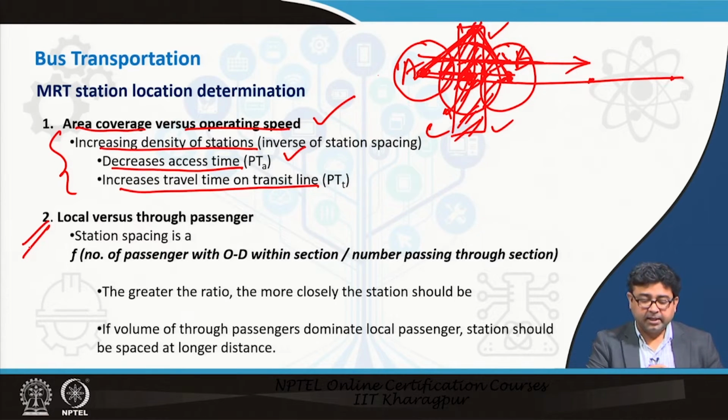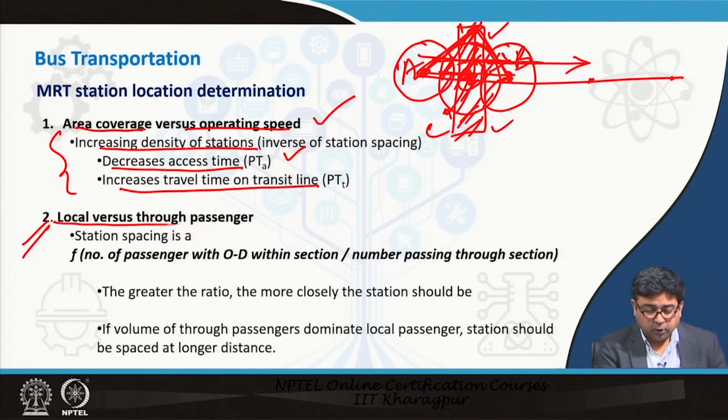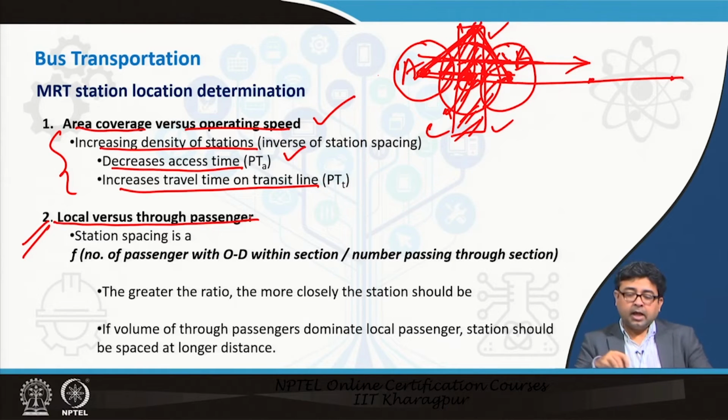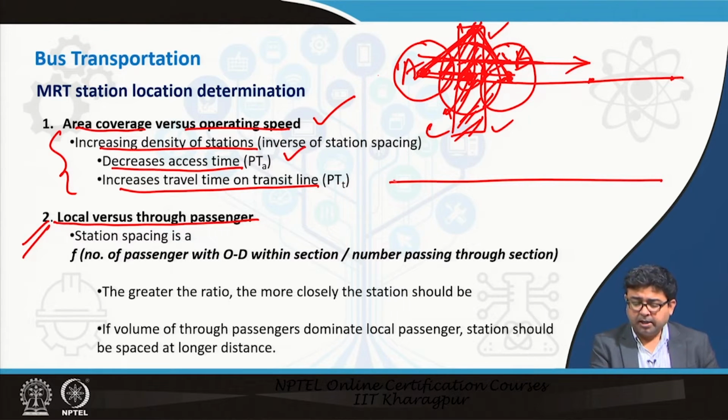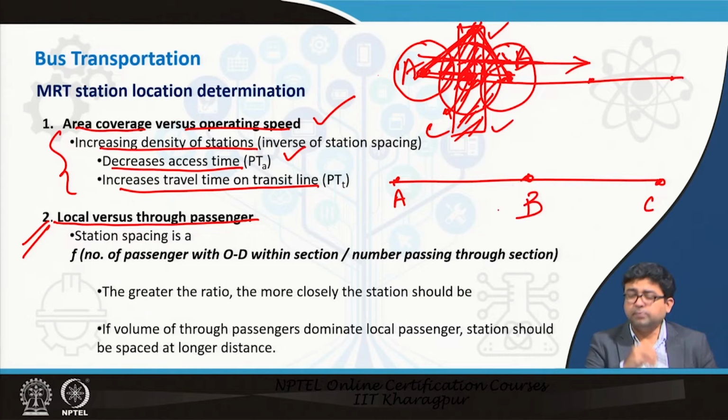The second trade-off that is being made here is between local and through passengers. Now, if you consider a transit line and you are getting up on A and you want to get down at C, right, but there is an intermediate station here called B, where at this station you are a through passenger, right.